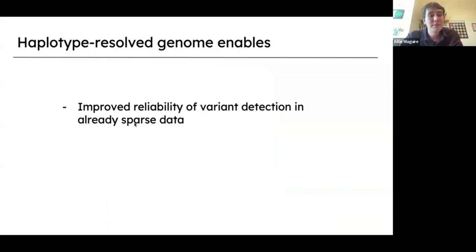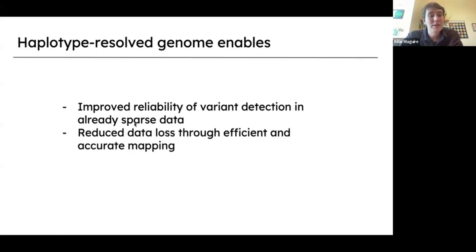So a haplotype-resolved assembly enables, in this case, improved reliability of variant detection in already sparse data. A phased haplotype assembly helps reduce errors in variant calling, particularly when detecting heterozygous variants. They provide a clearer picture of whether mutations are real or due to sequencing or assembly artifacts. It also reduces data loss through efficient and accurate mapping.